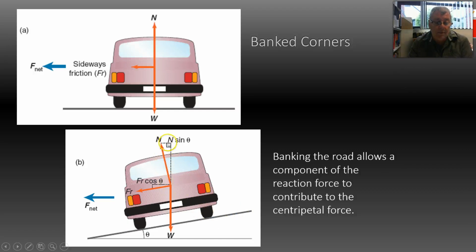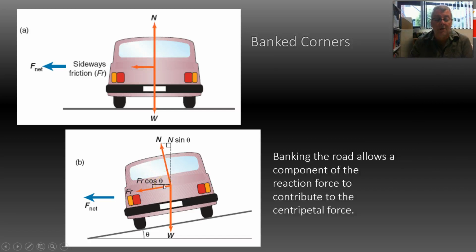This component here of the weight force, or the normal, is actually in the direction of the centripetal force, and therefore the weight of the car pushing on the bank and the bank pushing back enables you to go around that corner faster, because you need less friction, and that's why they bank corners as they do.